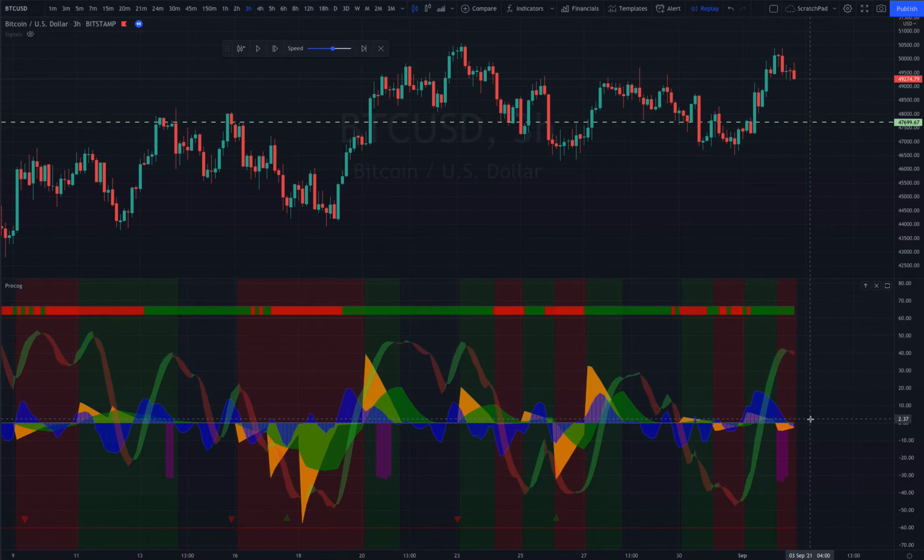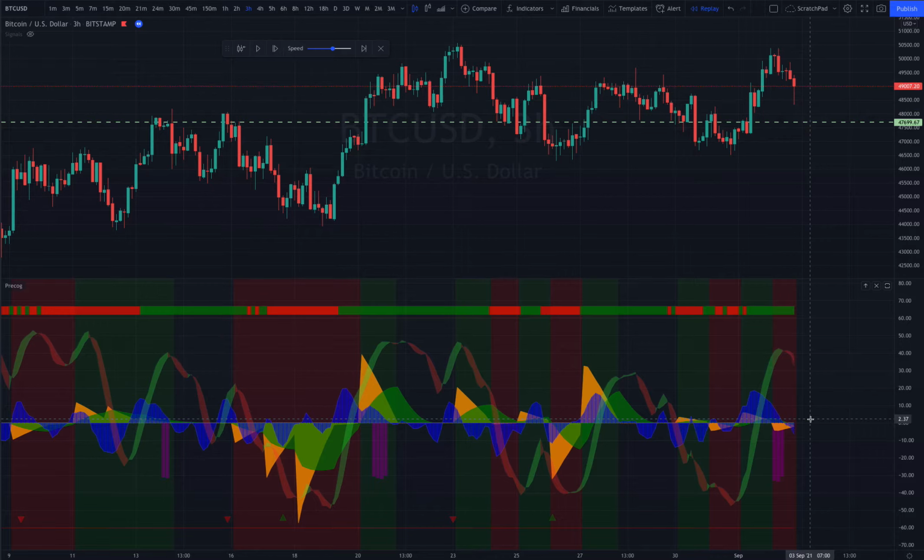Now we have 2 up and 2 down. Now we have 1 up and 3 down, so I would take profit here. And that is a gain of $2.75 times 5. So we'll say 13-14% gain.